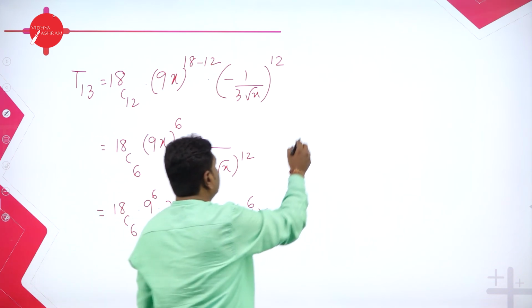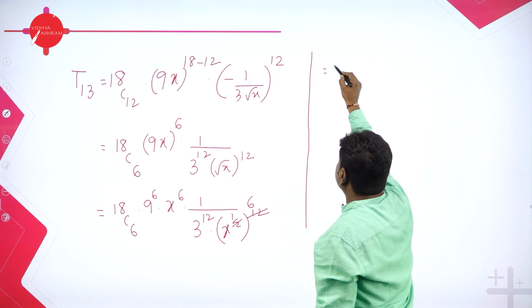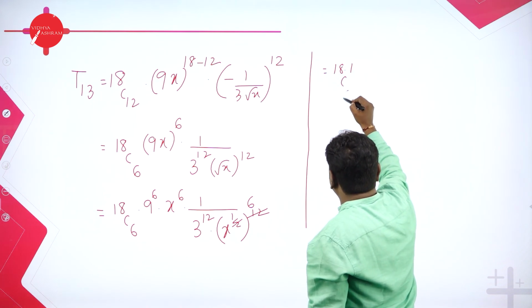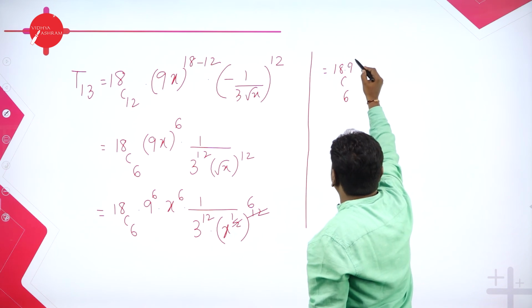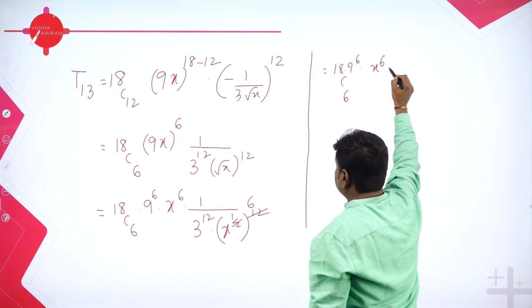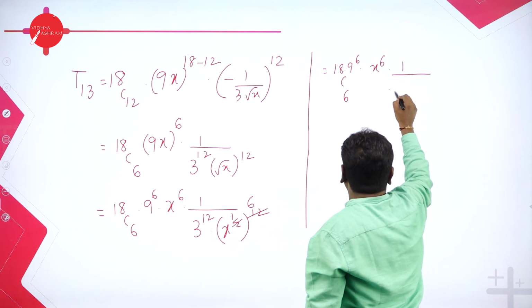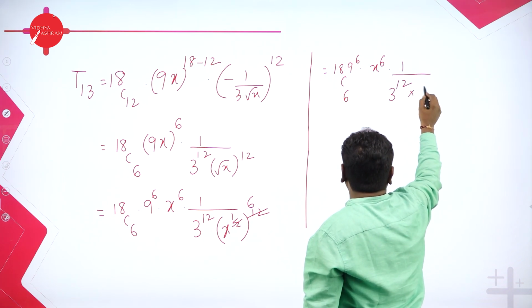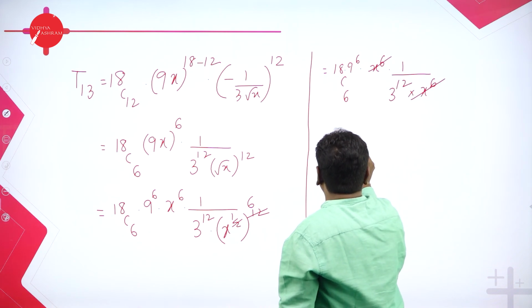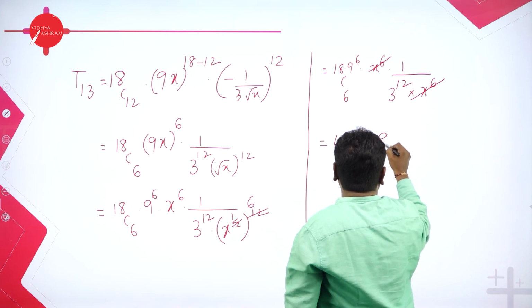So further we can expand this as 18 into 17 into like that, or 18C6, let it be. 9 power 6 into x power 6 into 1 divided by 3 power 12, x power 6. X power 6 cancels. So you are left with 18C6, 9 power 6.